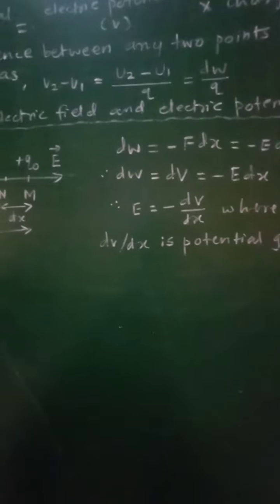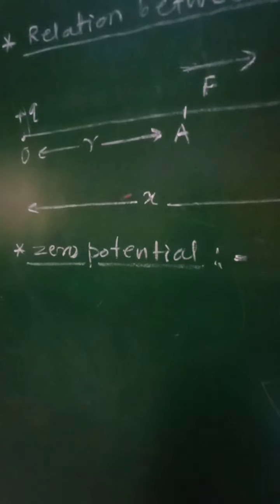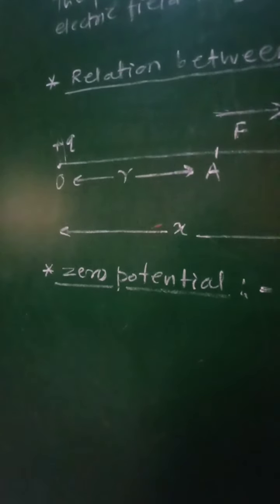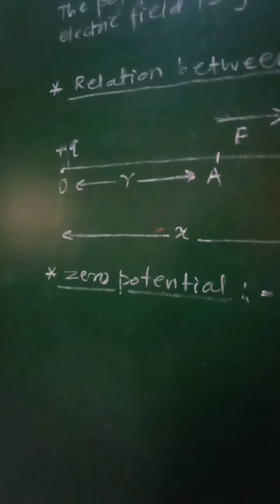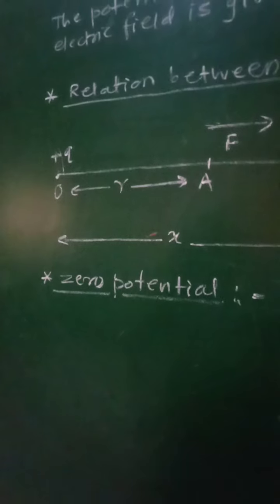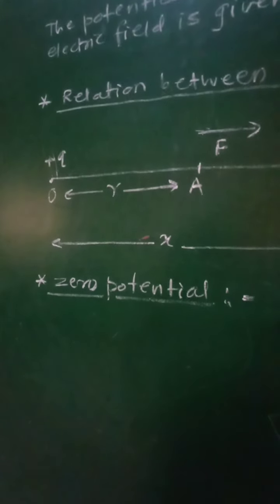Now let us see the term which is called zero potential. What is that? The potential at any point in an electric field is the amount of work done to bring a unit positive charge from infinity to that point.